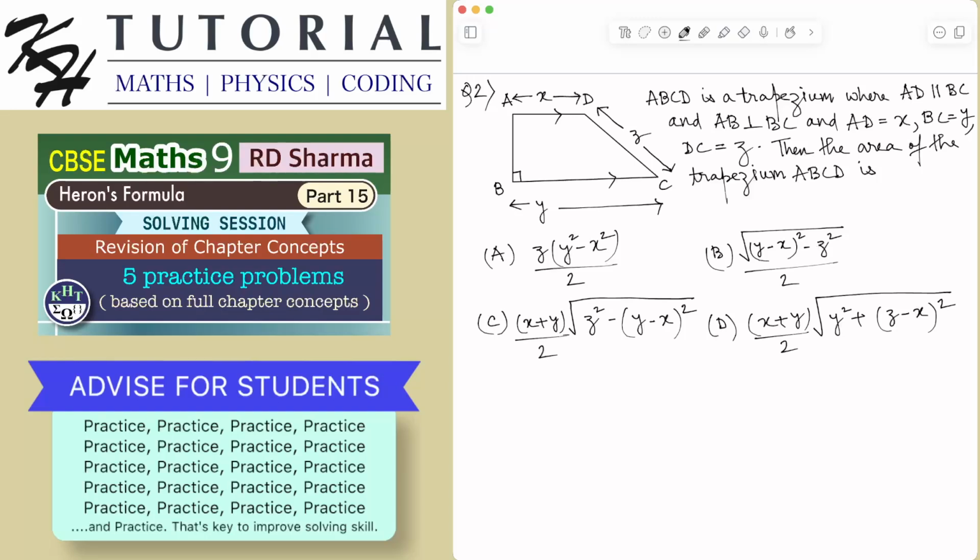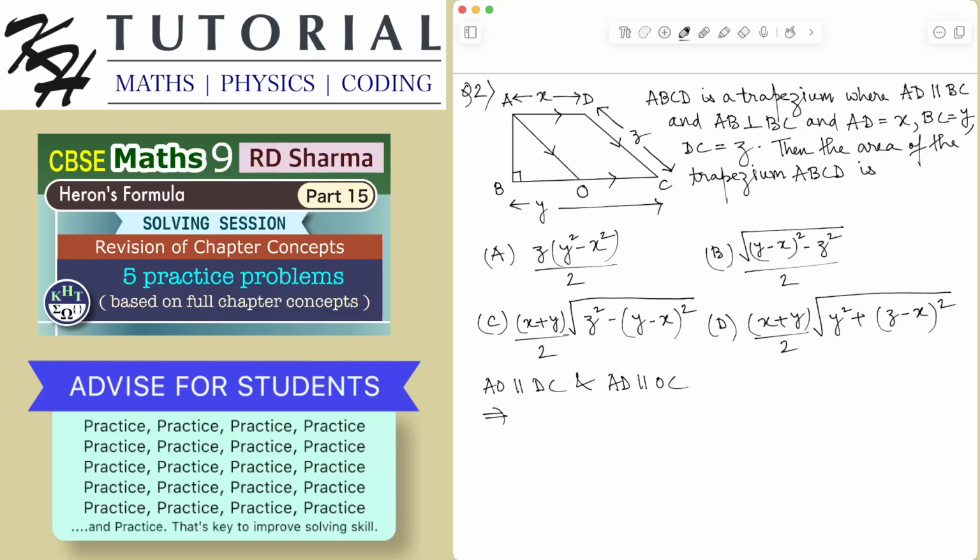Now, let me draw a line from vertex A parallel to DC that intersects the opposite side BC at O. So AO is parallel to DC, and AD is already parallel to OC.